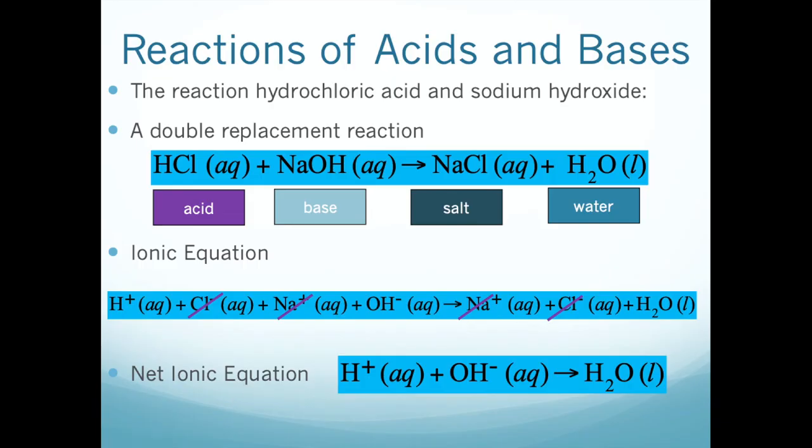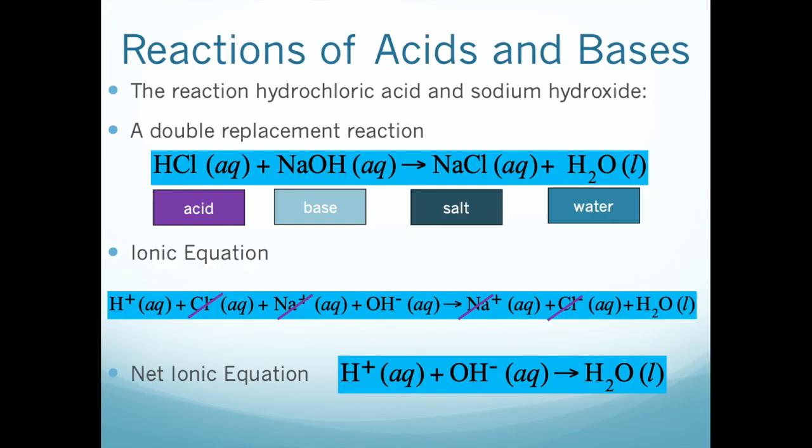Again, this is why we call our sodium ions and chloride ions here spectator ions. We could swap those out for any other conjugate acid or conjugate base, and our net ionic equation will be the same. And this is why this works for every acid-base reaction, every neutralization reaction.